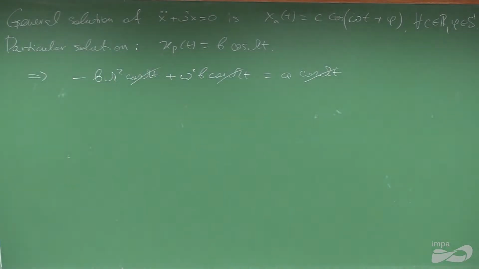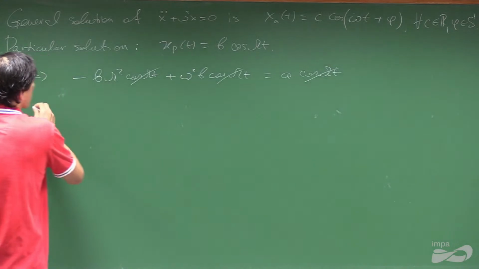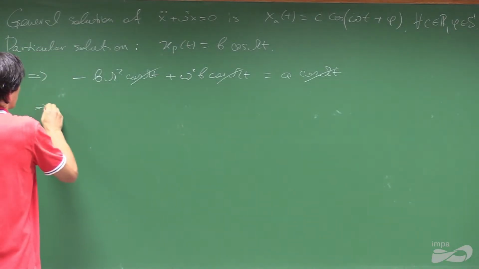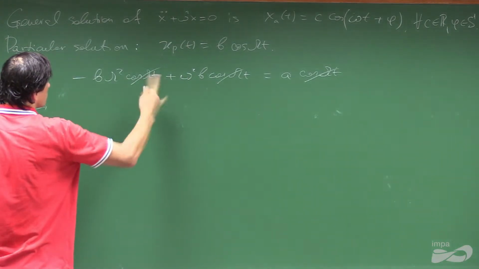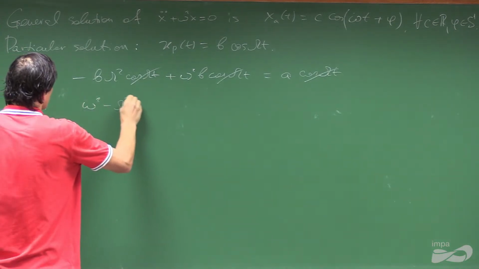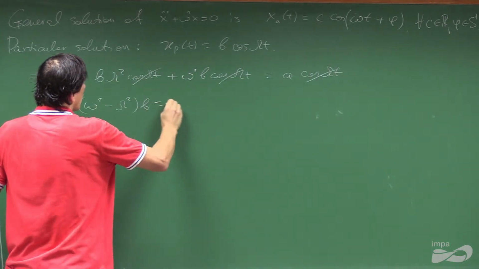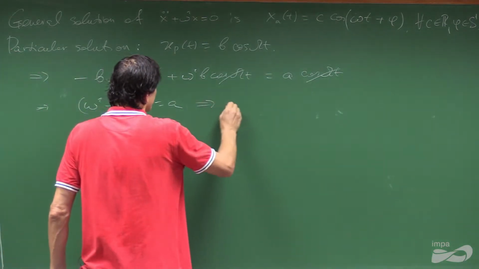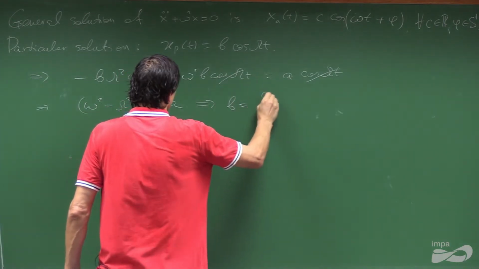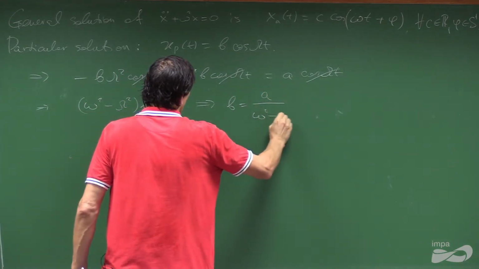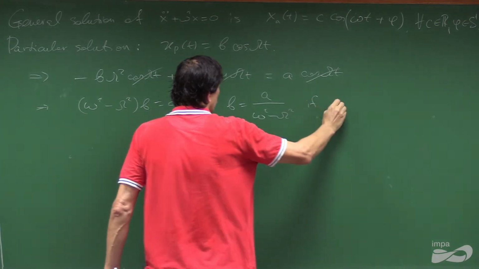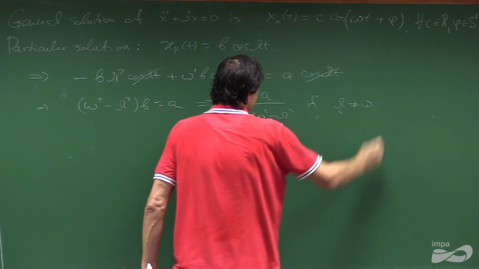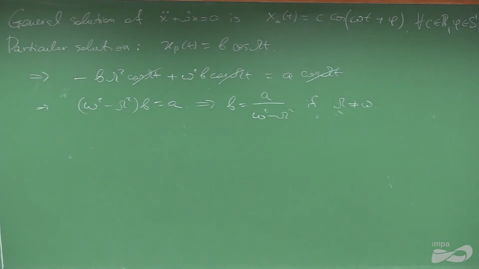So cosines cancel. Then you have, let's flip the terms. And this gives you b, if the denominator is not 0.